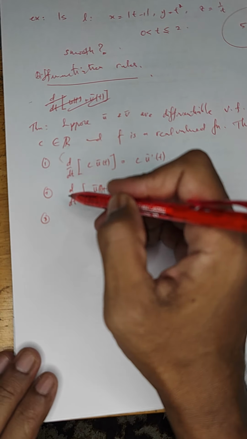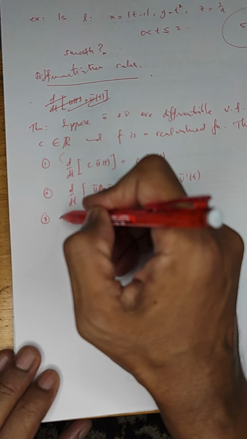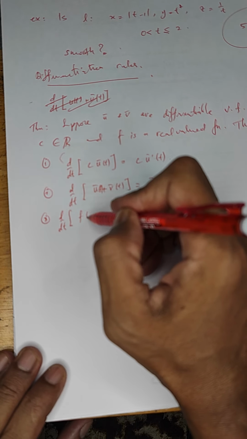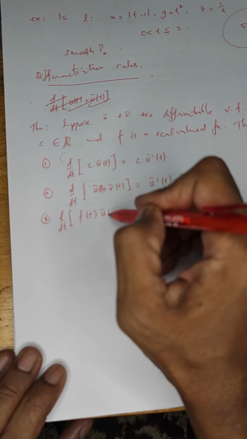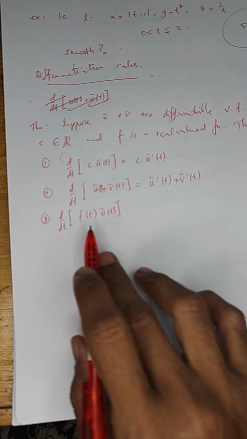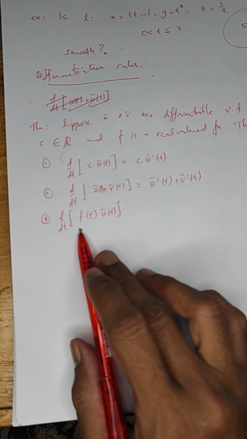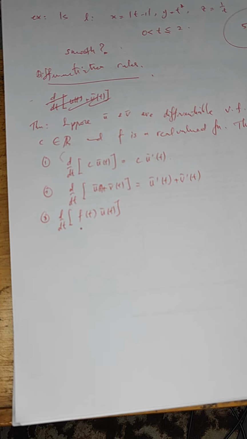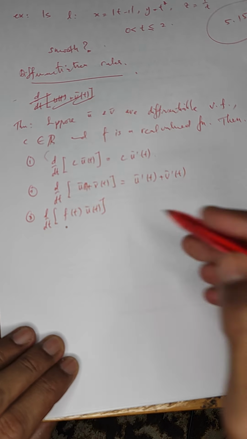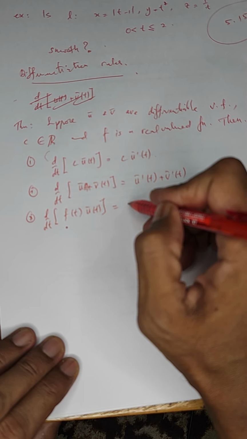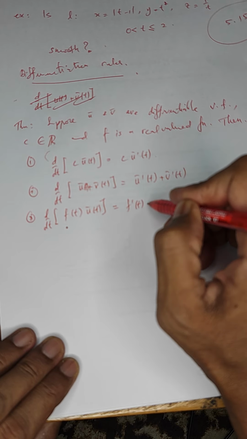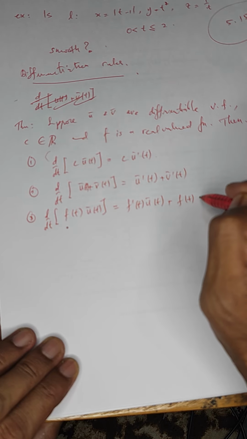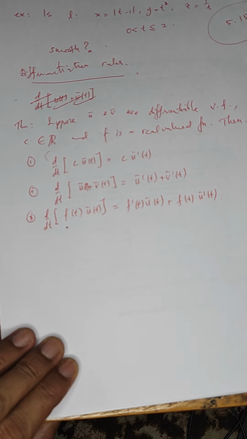Number 3, we have d/dt of f(t) u(t). So in this case, we have the multiplication of a real valued and a vector valued function. So this is f prime(t) u(t) plus f(t) u prime(t).